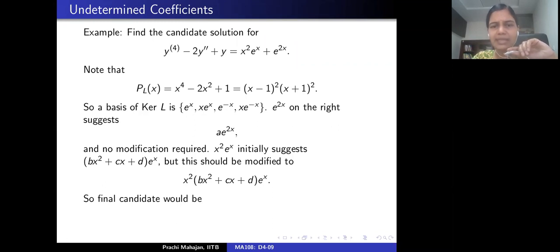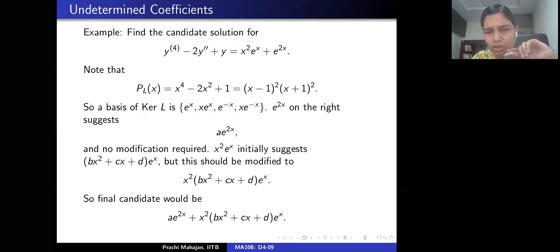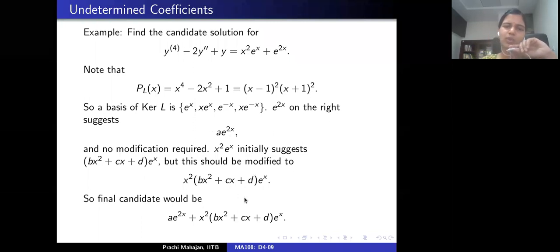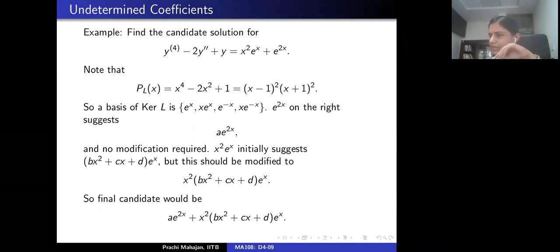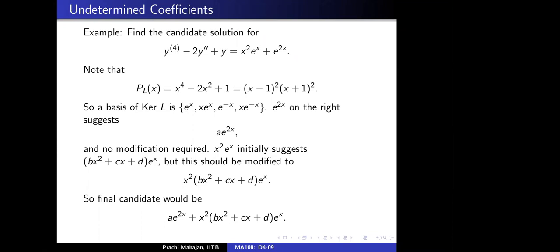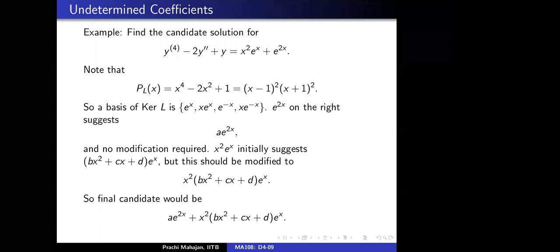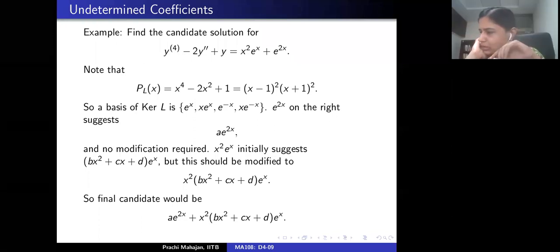So the final candidate solution that we start off with should be a e to the power 2x plus x square times a generic quadratic times e to the power x. Is that okay? Yes, ma'am. So one has to get a trial solution involving the undetermined coefficients and then determine these coefficients. Okay, all right.